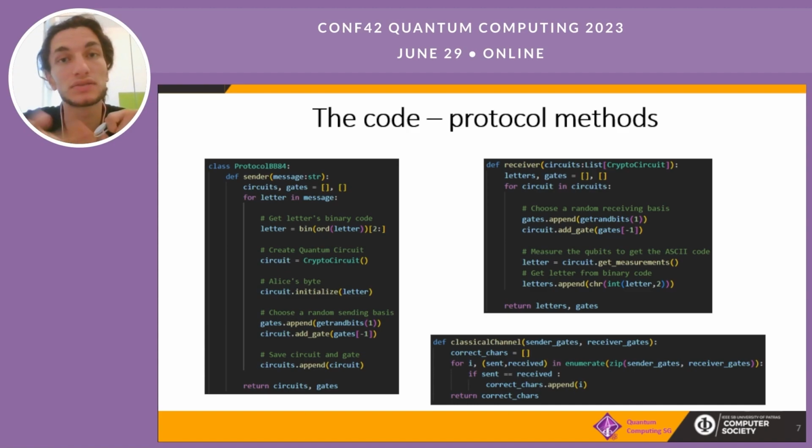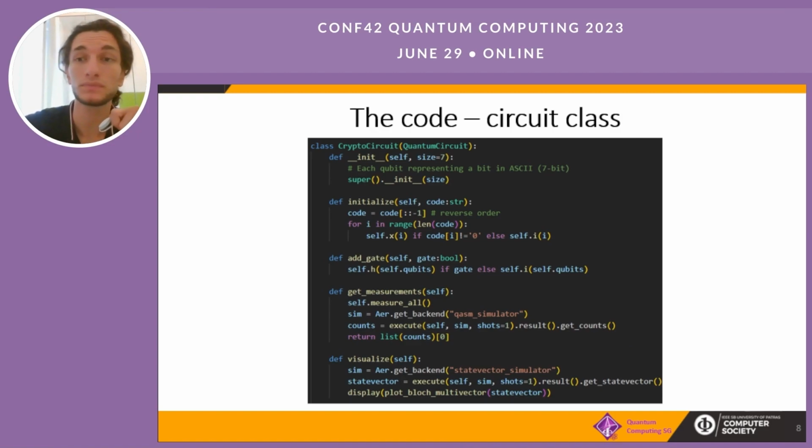The indices and not the actual characters, of course, for the reasons that I mentioned before. These methods are not complicated and don't do anything more than implementing what was described in the theory.